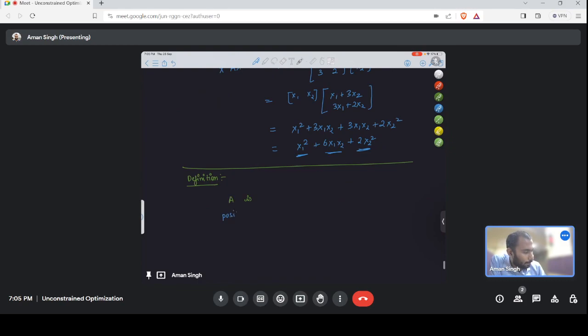A is positive definite if x transpose A x is greater than 0 for all x in R^n, except 0 obviously. At 0 this is 0, right? So other than 0, if we take any other vector from R^n and put it here, and that value is always greater than 0, then we call it a positive definite matrix.